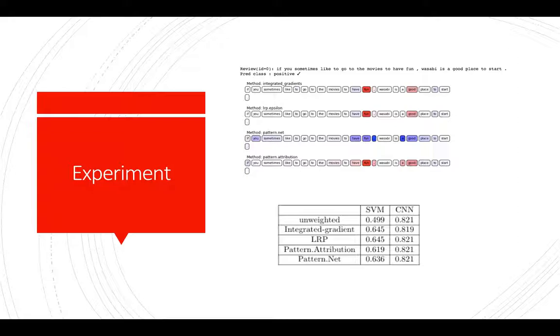Then we apply this relevance score as a sample weight on the SVM module. As we can see here, this one is the accuracy score of unweighted data, which is the original training data and testing data. The accuracy is 82%. So we can see this CNN module is able to give a good prediction on this dataset.